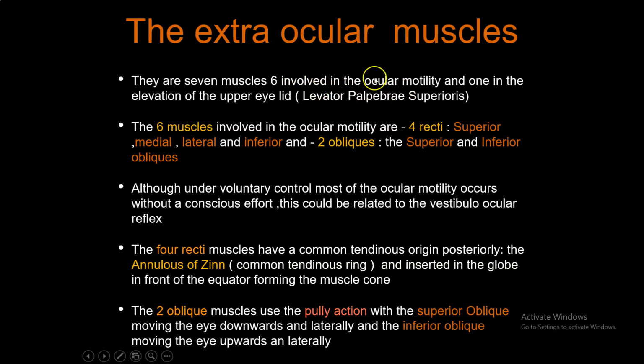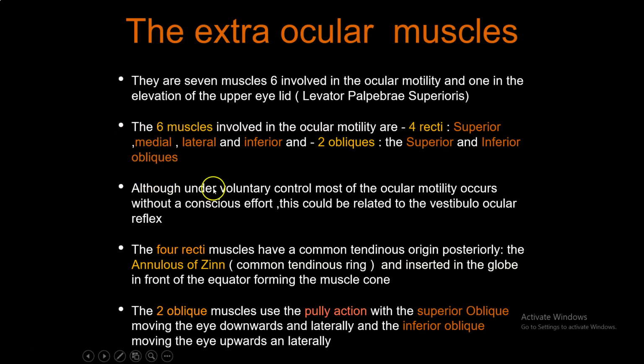So 6 extraocular muscles, and the 7th is for the elevation of the upper eyelid. The 6 muscles involved in ocular motility, as you all know, are 4 recti: the superior rectus, medial rectus, lateral rectus, inferior rectus, and 2 obliques: the superior oblique and inferior oblique.